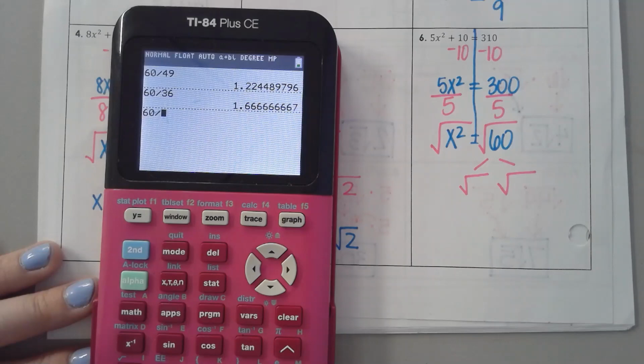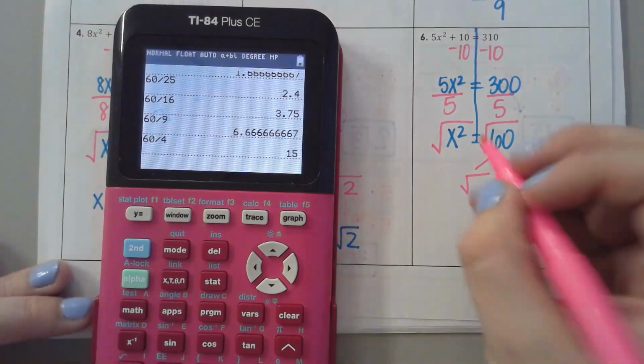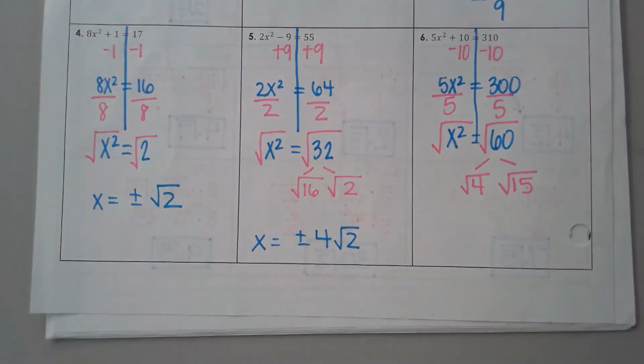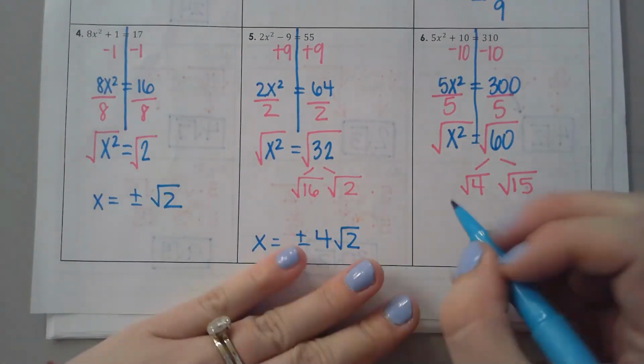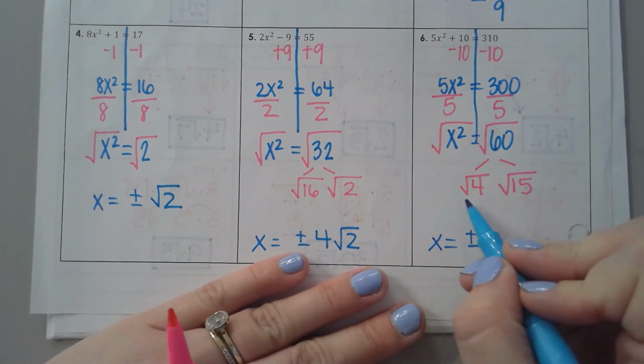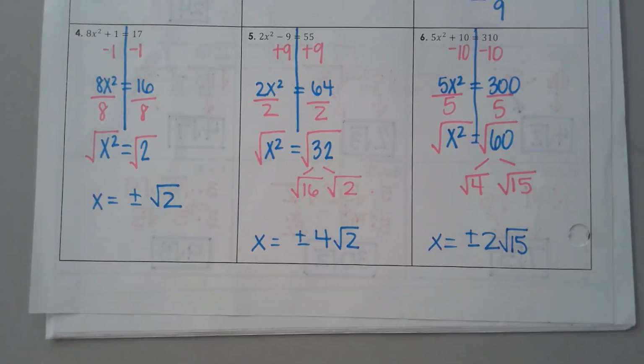Yep. You're right, it's 4. 4 and 15. So I'm going to have x equals plus or minus, what's the square root of 4? 2. Bring down the square root of 15.